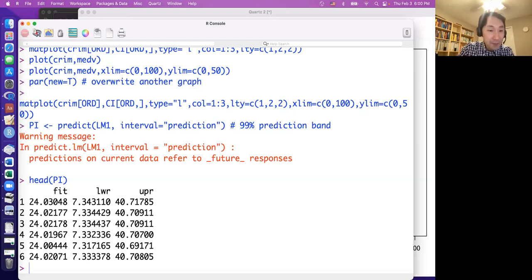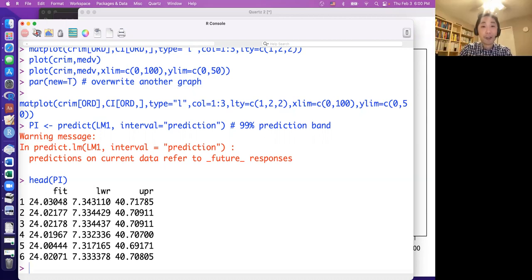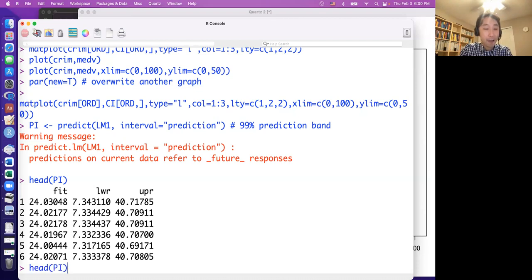So I had a question actually. Oh yeah, sure, go ahead. Whenever using the predict function, does it automatically use level 99%? I thought it was 95. Oh, that's a good question. Oh, you're right. The default is 95%.